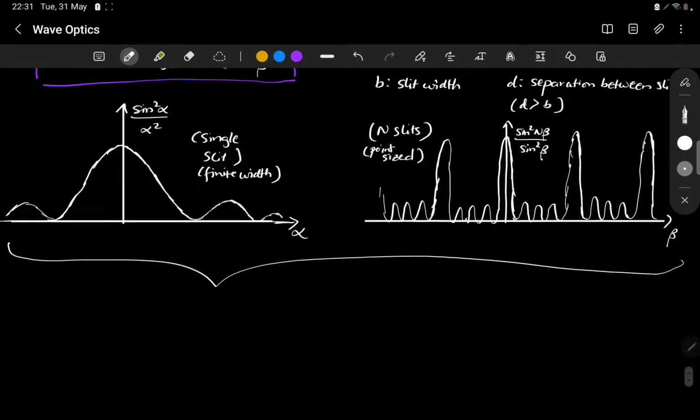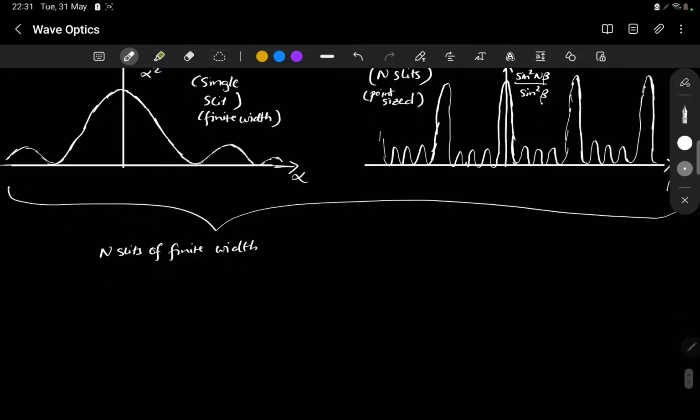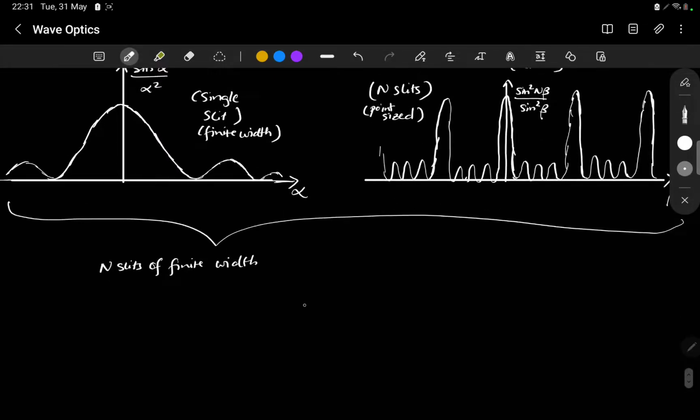So finally when you take the product, you will get N slits of finite width, and the pattern for that, if we take the product, is going to look somewhat like this. Let me draw.